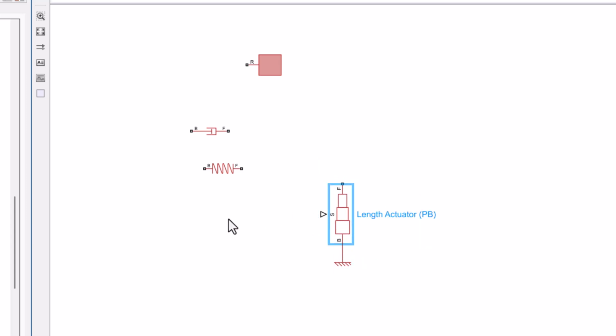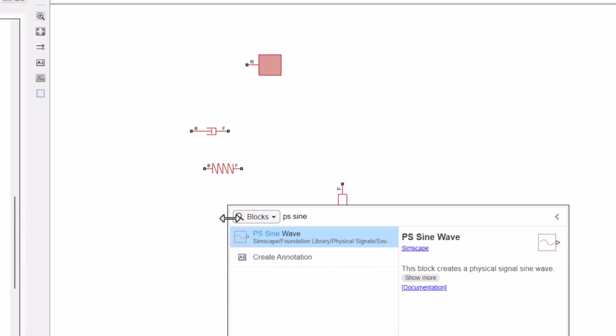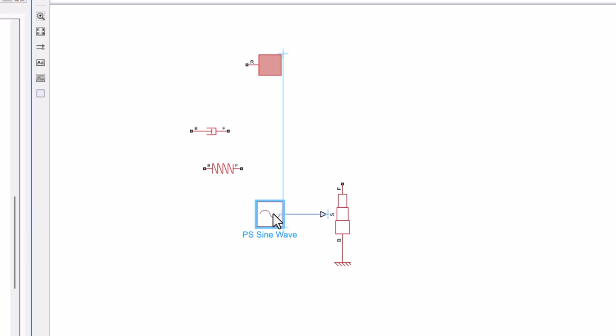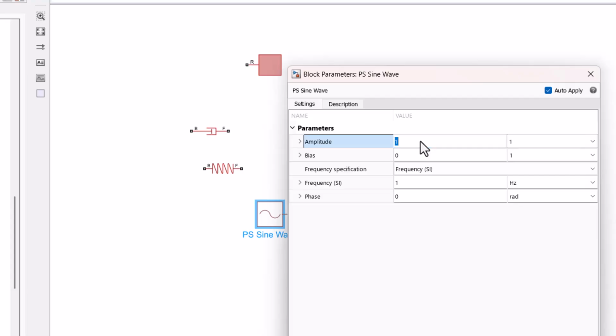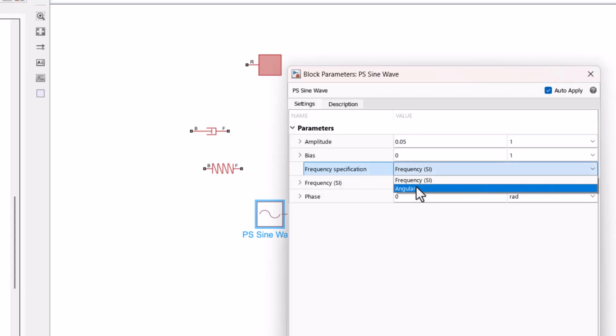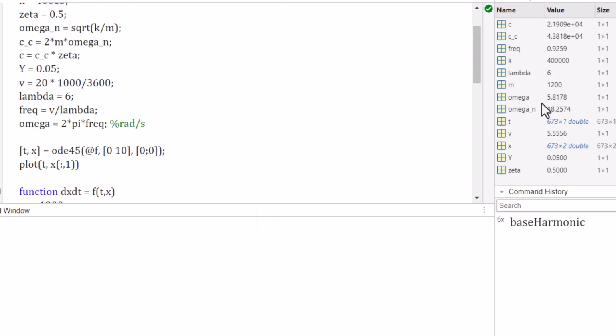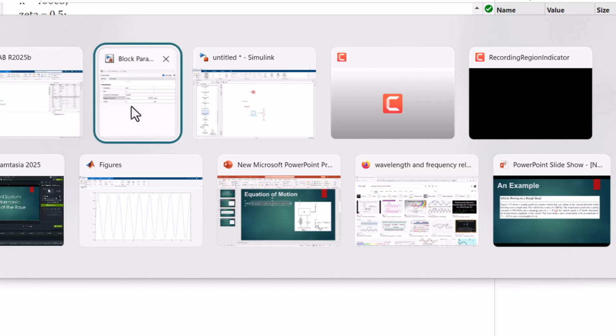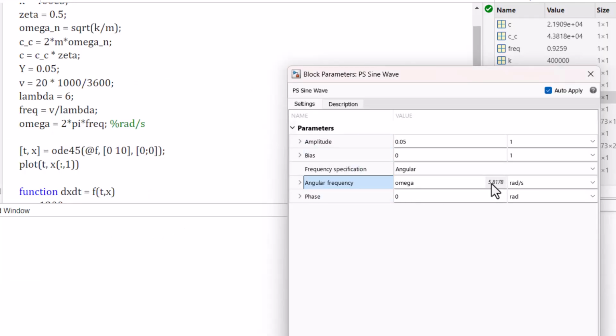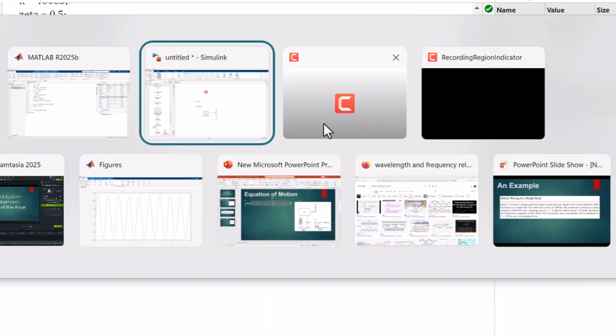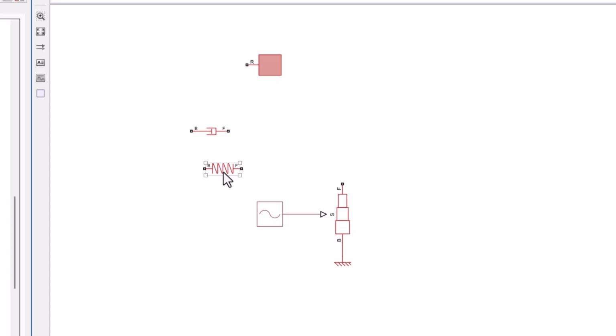So it asks for a signal, and I create a PS sine wave, and the amplitude is 0.05, and the angular velocity is omega. Since I have omega here, I do not need to type it manually, but if you're modeling, you can enter 5.8178 manually. So this is the equation of the surface, the oscillations of the road.